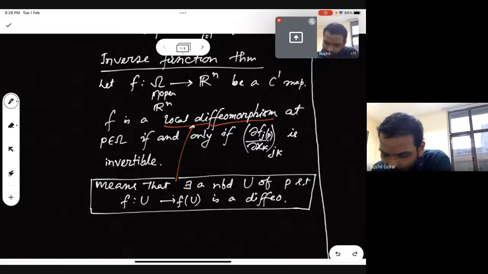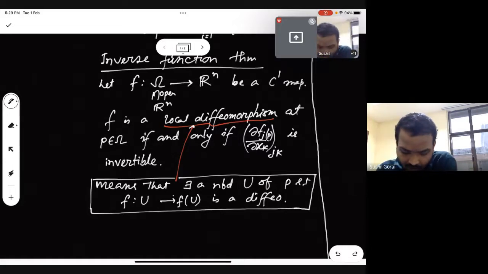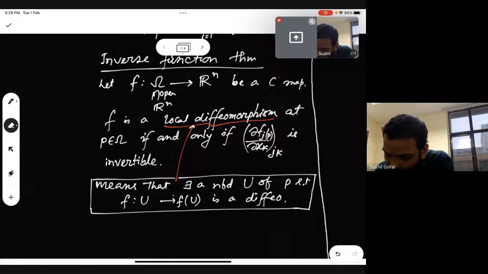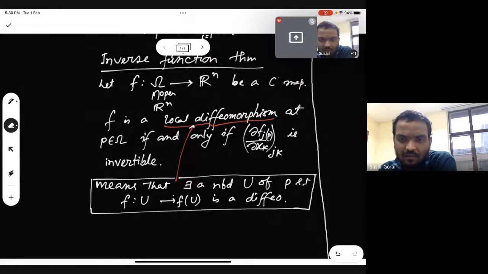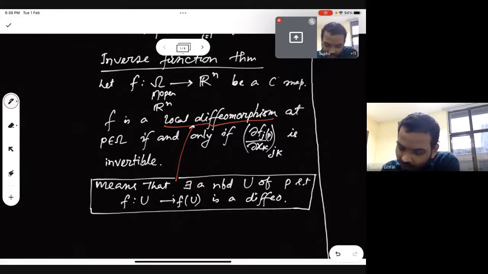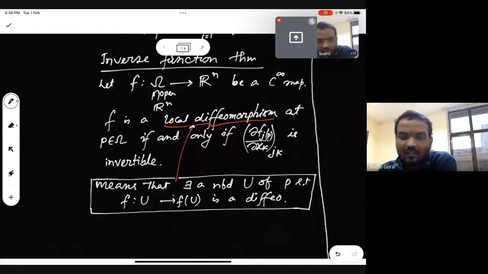Okay, so the point is, if you look at CK, then one says CK diffeomorphism, and sometimes it's understood which category you are looking at, whether C1, C2, or C infinity. In differential geometry, in almost all cases, unless explicitly mentioned, we are working with C infinity maps. That's why we are saying C infinity.